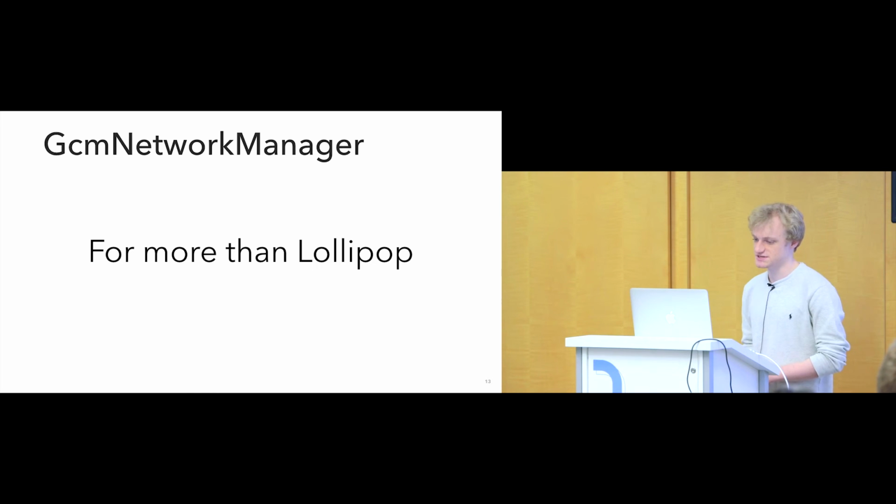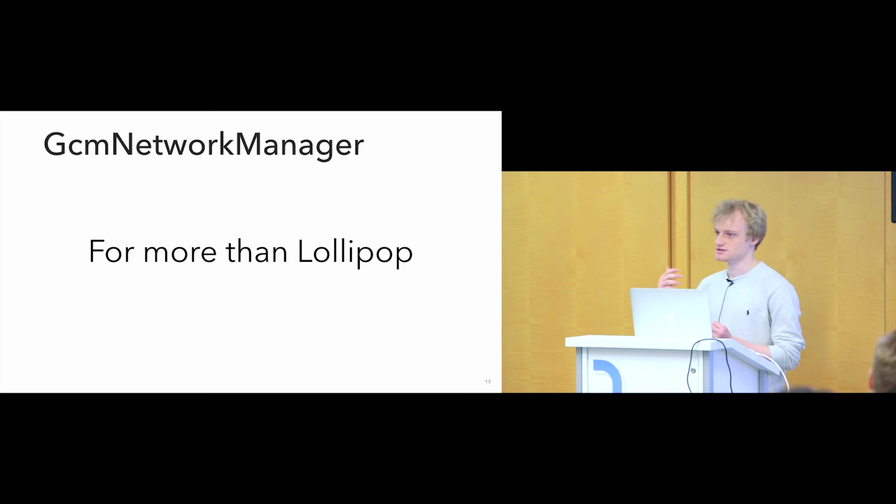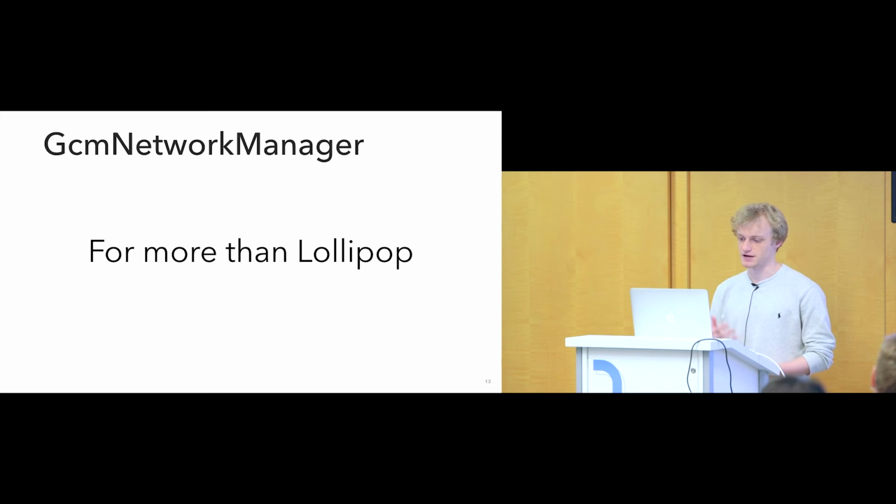So there's also GCM Network Manager. This also covers a lot of the use cases that JobScheduler hits. And of course, JobScheduler has the advantage of knowing about the context of other apps and being able to batch services and batch your syncing because it knows about the other apps in the platform. It is in the platform.